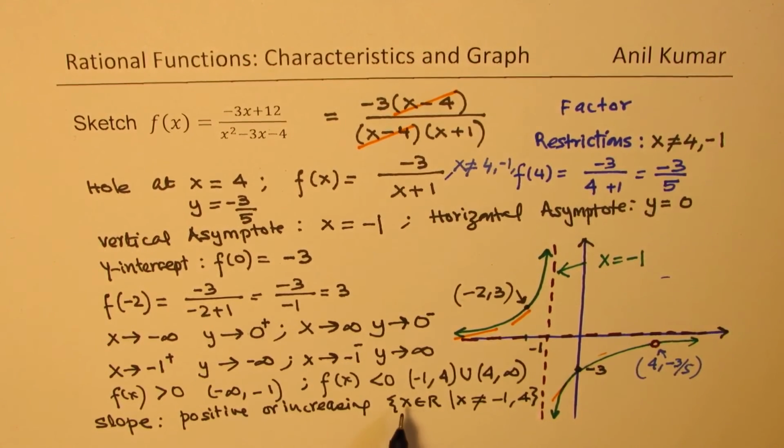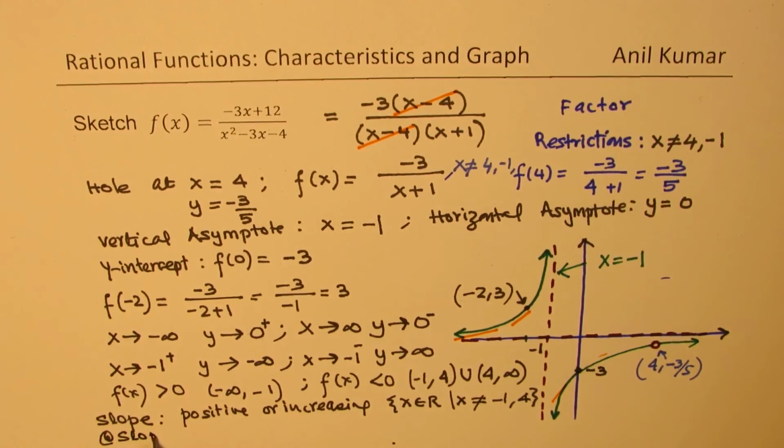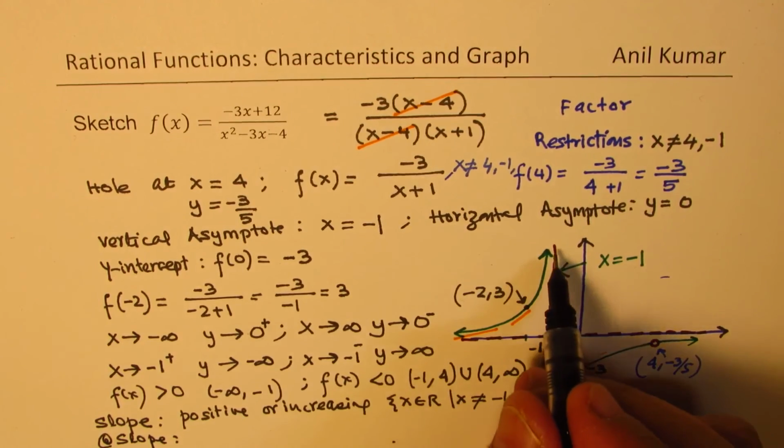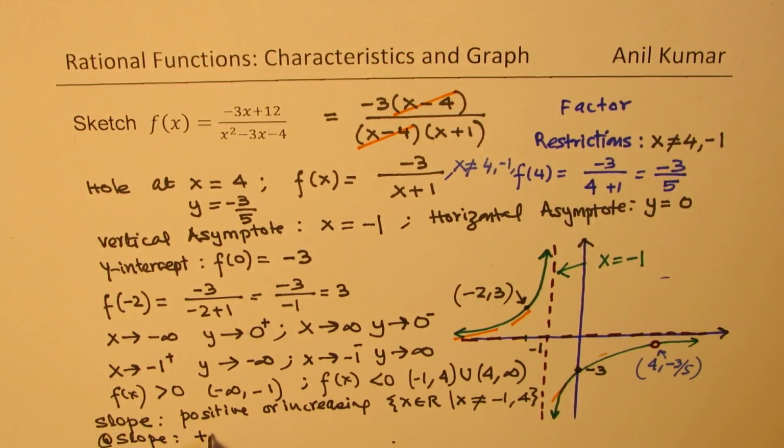Now slope could also change, so what about the rate of change of slope, right? Now let's talk about rate of change of slope. This portion is concave up, so it is positive, or increasing. Increasing is a better word than positive. Increasing in the interval from minus infinity to minus 1.